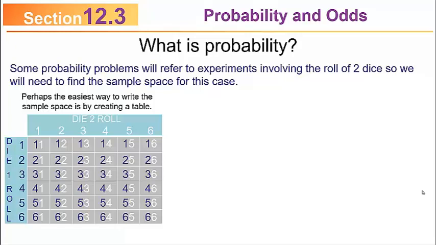So if I'm rolling two dice, I'm going to make a row for die 1. For die 1, you could get a 1, 2, 3, 4, 5, or 6, and then I'm going to do column headings for die 2, which again you could get 1, 2, 3, 4, 5, 6. So the row labels represent the possible die roll for die 1, and the column headings represent the possible die rolls for die 2.